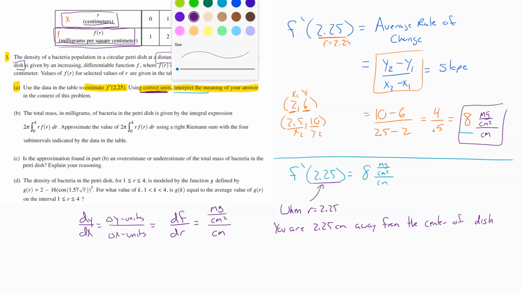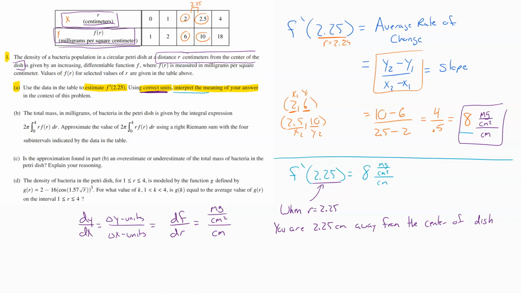The next thing they usually want you to say is whether this thing is increasing or decreasing. If we have a positive derivative, we know that it's increasing. If we'd gotten a negative number out, that would tell us that it's decreasing. So then we would say that the f of r, the density of the bacteria population, that's what the f of r portion is.